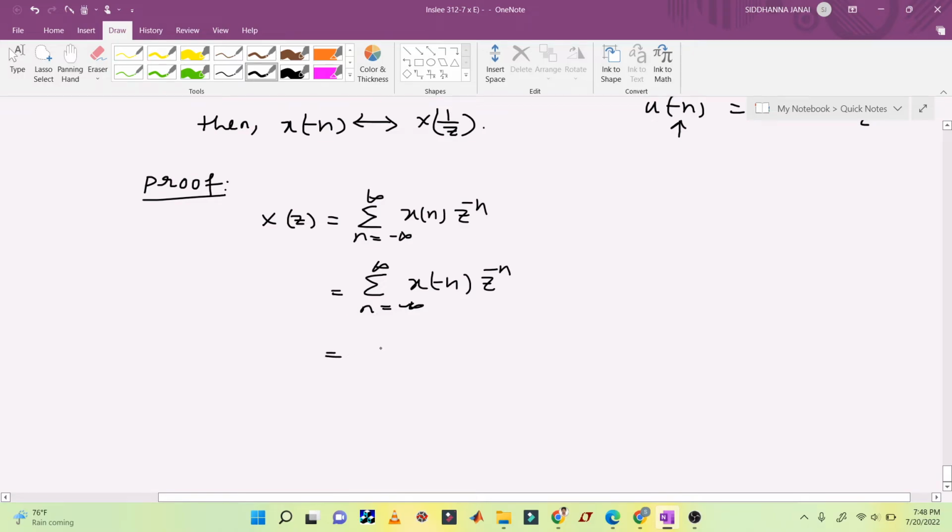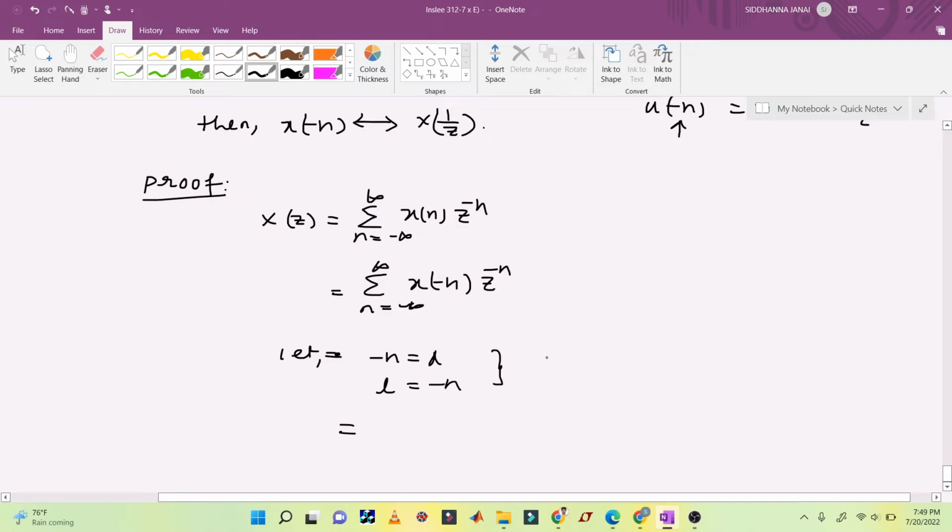Okay, since I have changed this, let me represent minus n is equal to L, or if I say L is equal to minus n. Okay, so let me replace it and let us see what happens.